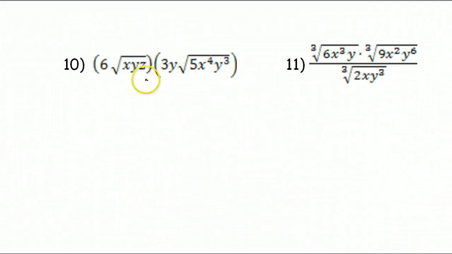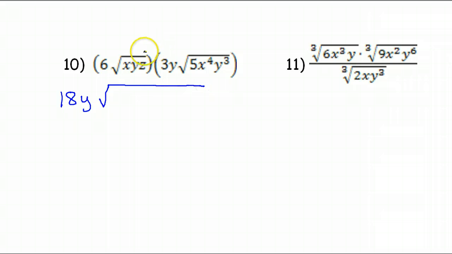Okay, number 10. Both of these are square roots, so I can go ahead and multiply this stuff together. Let's start with stuff on the outside. 6 times 3 is 18, and I've got the y, so 18y. Now I'm going to put all of this under one radical.